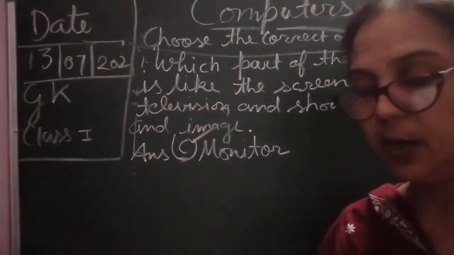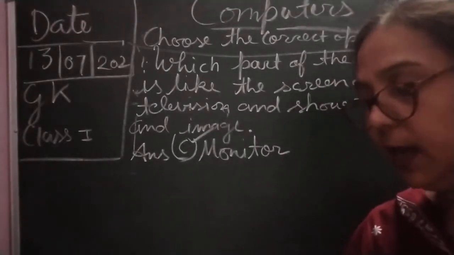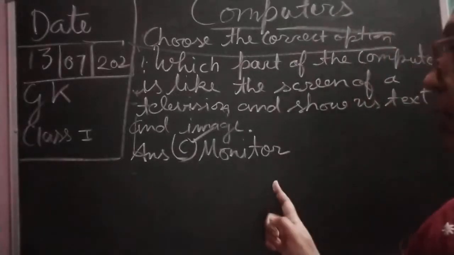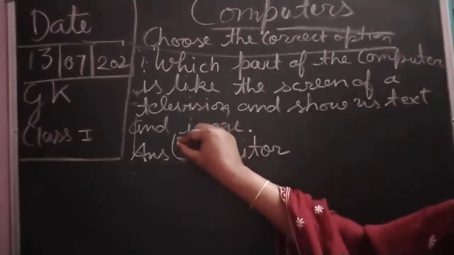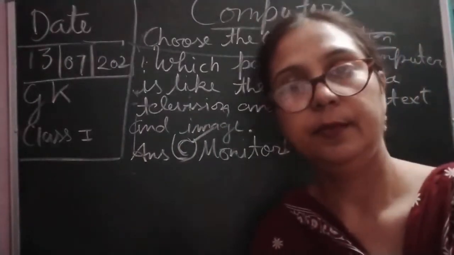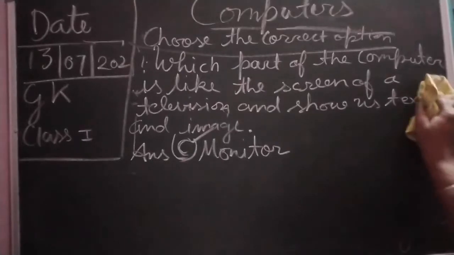First is printer, B is bike and C is monitor. So monitor is the C option and we are going to put a tick on that. Okay children, complete it or take a screenshot. Now we are moving to the second question.